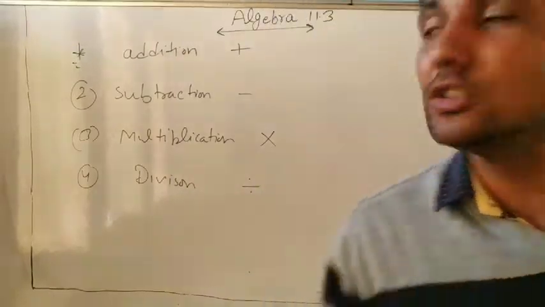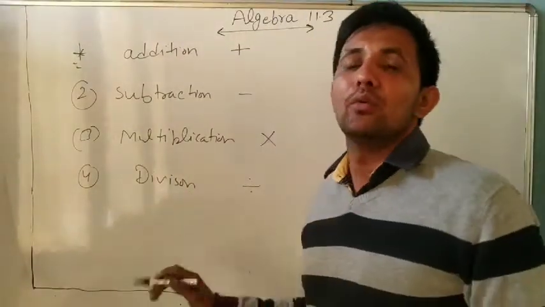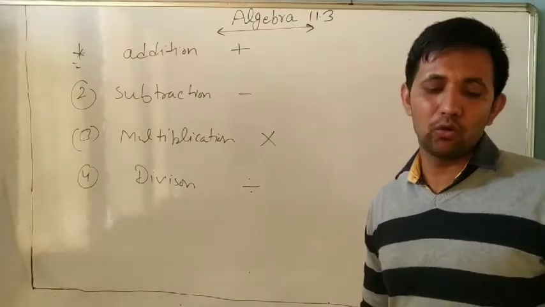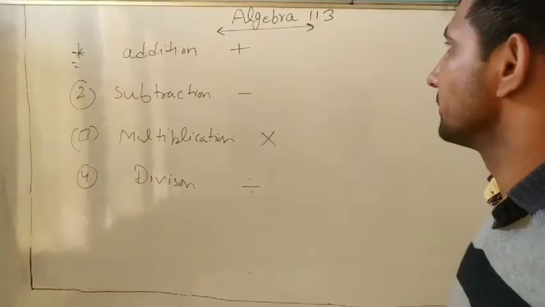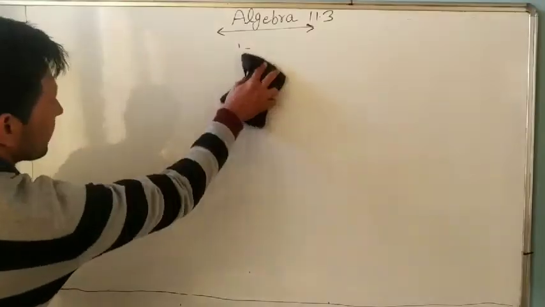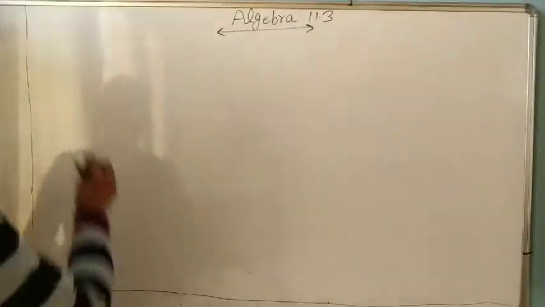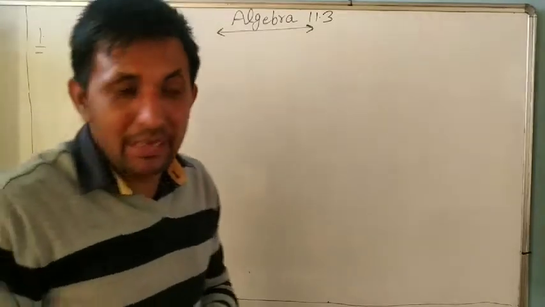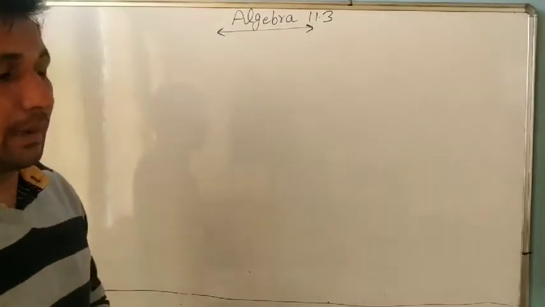Now we will use these operations on variables and constants. How will we use them? Look at the first question of our 11.3. Make up many expressions.